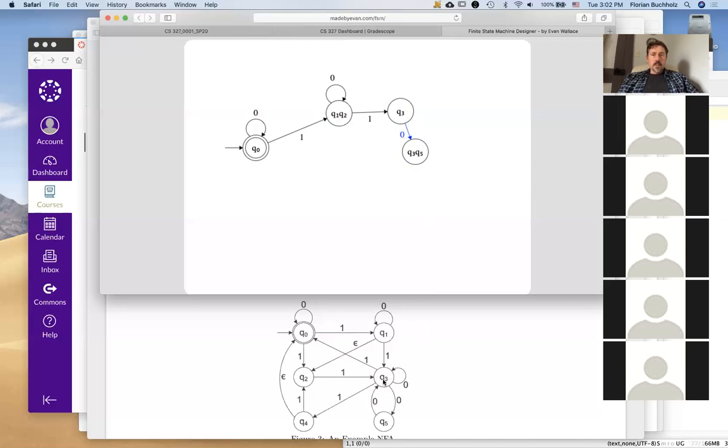If I'm here and am on a 1, then I'm only seeing one transition to Q0. And there is no epsilon out of here. So on a 1, go this way.